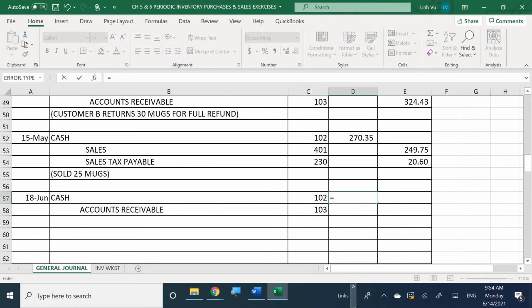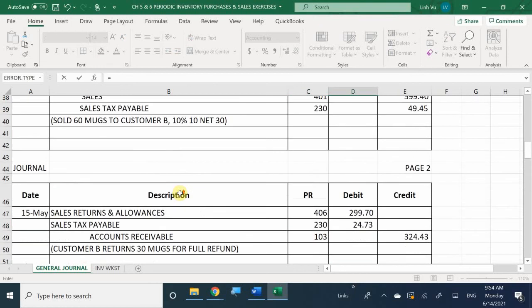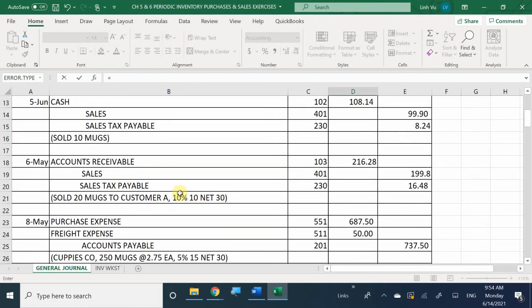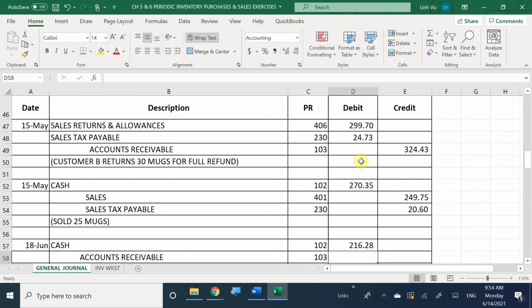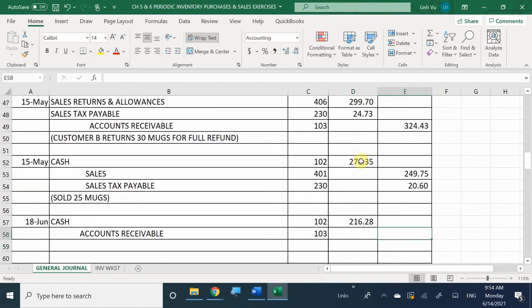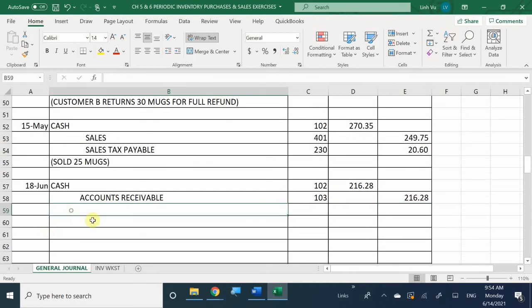Now, for what total amount did they owe me? Again, 216.28. Okay, so that means that should be the amount of cash that I should be receiving from customer A. All right, and I'm going to make a note here that customer A paid in full.